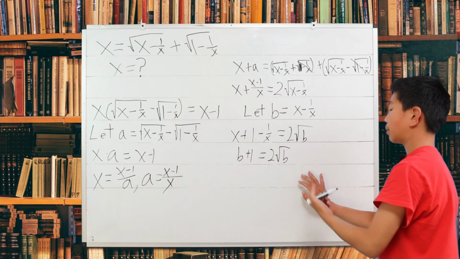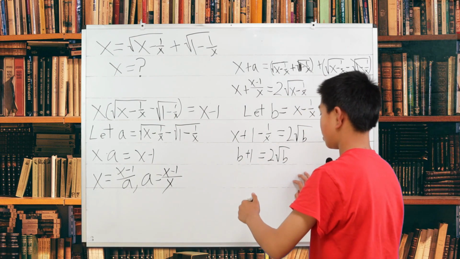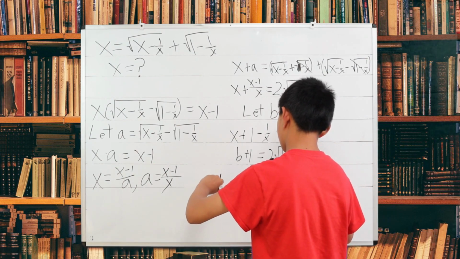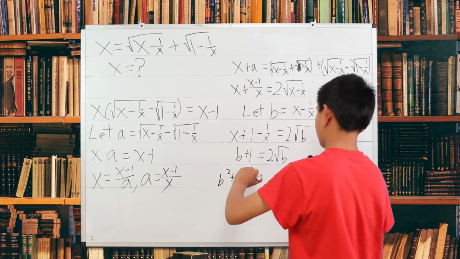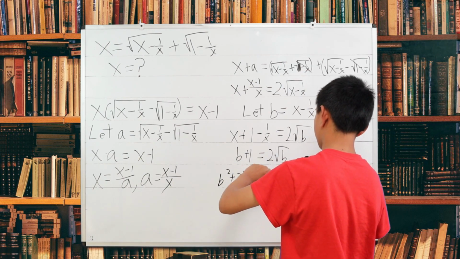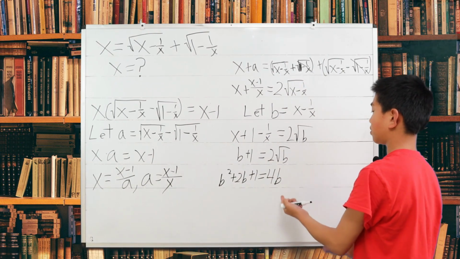So to get rid of the square root, we square both sides. And according to this equation, we get that b squared plus 2b plus 1 is equal to 4b. So we now have it in terms of b here.